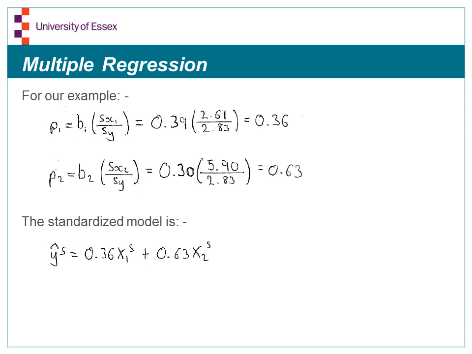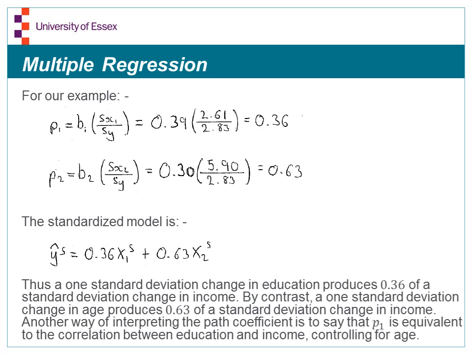This gives me a different vocabulary for talking about it, because what I can say is that one standard deviation change in education produces 0.36 of a standard deviation change in income, but by contrast one standard deviation change in age produces 0.63 of a standard deviation change in income.